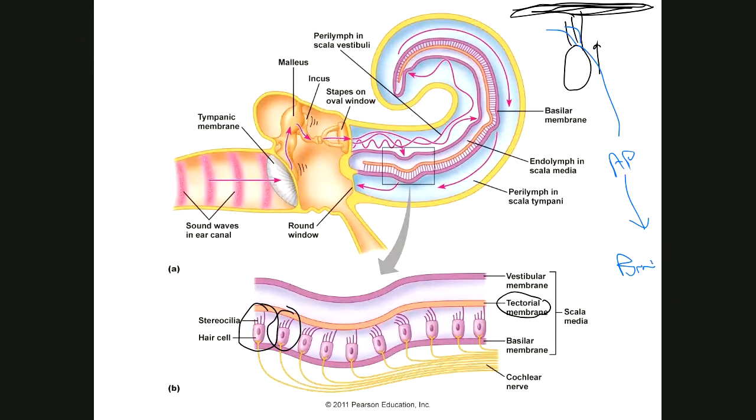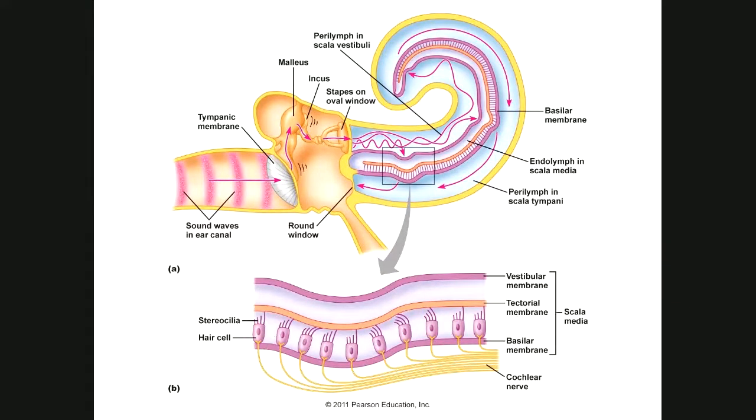So this sound, whatever this sound is right here coming in, the only part of this membrane where these hair cells are going to get bent is this part, which matches the pitch. And these ones that are bent are going to send action potentials to your brain.